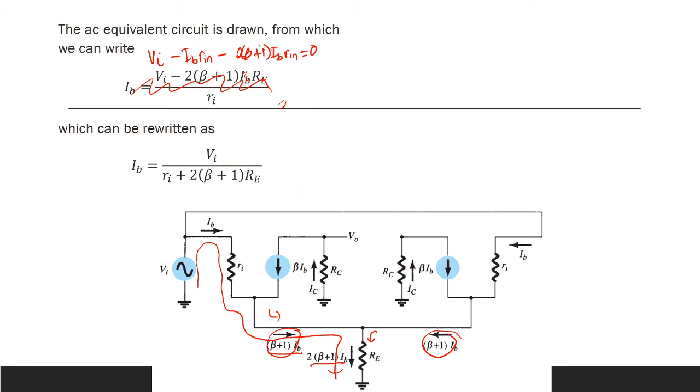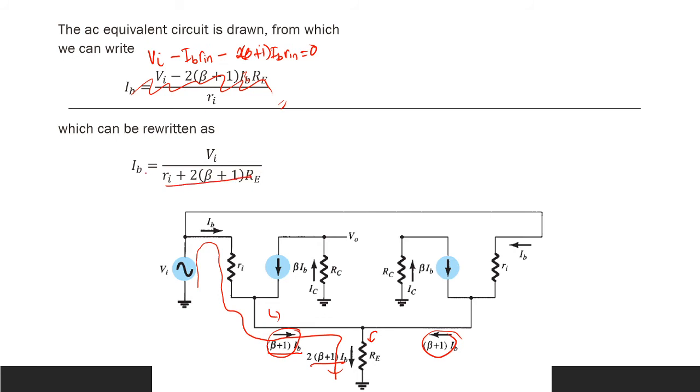Now, ang gawin natin is pagsamasamahin natin lahat ng IB, tapos ilagay natin siya sa isang side. So, ang magiging kakalabasan is IB, itong IB na to, magkakasama. So, we have R in plus 2 beta plus 1 RE. Nilagay natin sa kabilang side, so magiging positive. Tapos, dinivide natin yung whole equation by that.